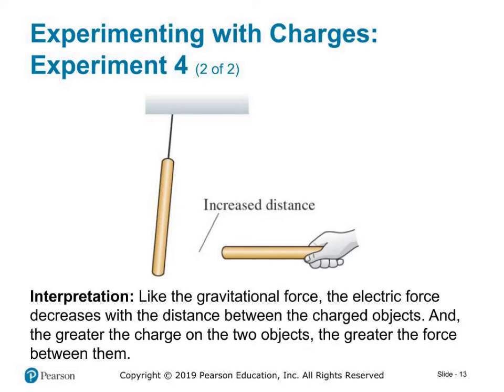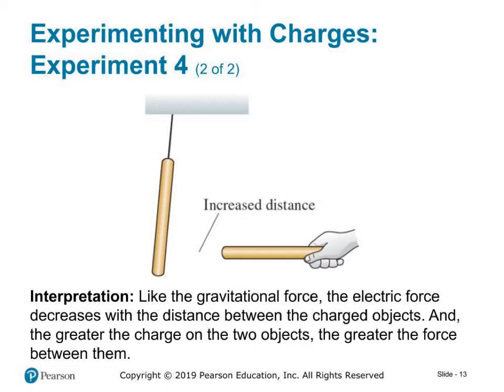Now, to make our model a little bit more precise, a little bit more accurate, we can do some more experiments. The first experiment we're going to look at is a variation in the distance between the two rods. If you charge these two rods the same way, they're going to have the same charge, which means they'll repel. But if you put them very close together, it repels more than if you put them further apart.